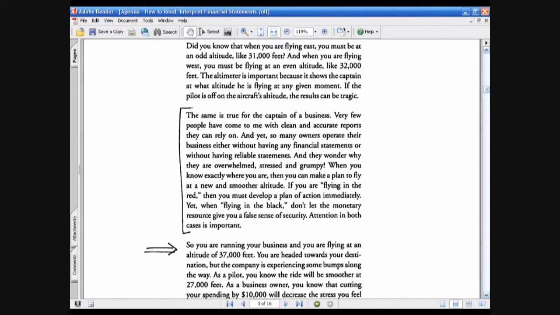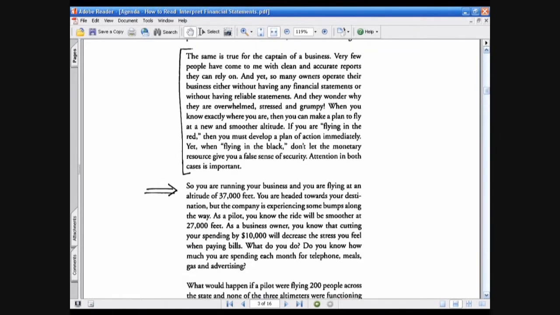When you know exactly where you are, then you can make a plan to fly at a new and smoother altitude. If you're flying in the red, then you must stop and develop a plan of action immediately. Yet, when flying in the black, don't let the monetary resource give you a false sense of security. Attention in both cases is important.